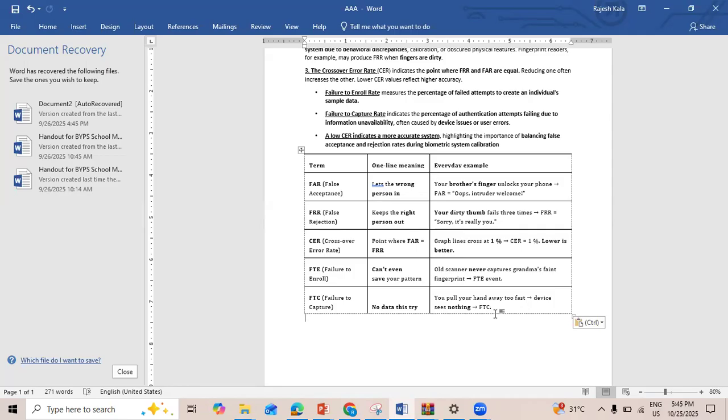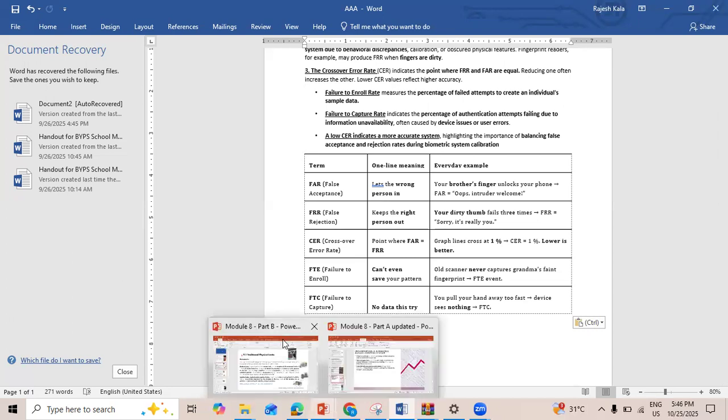That's why whenever you go to an airport, the airport officer will sometimes hold your thumb strongly onto the reader so that he will get enough readings to verify.